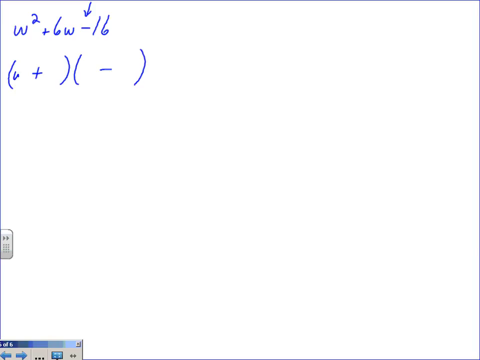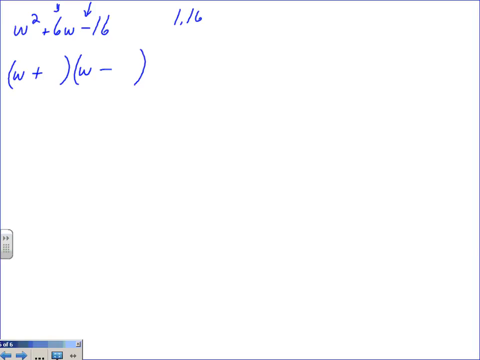All right, we'll put the w here and the w here because I know w times w is w squared. What two numbers multiplied together will give me 16? Can it be 1 and 16? Am I able to get this 6 from 1 and 16?